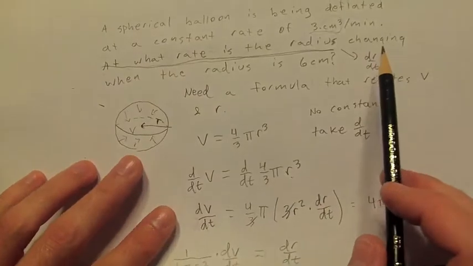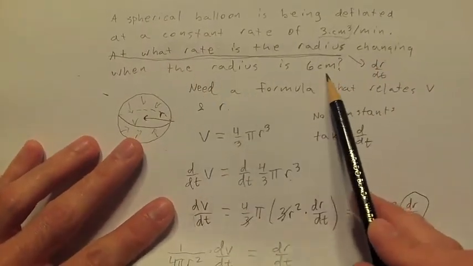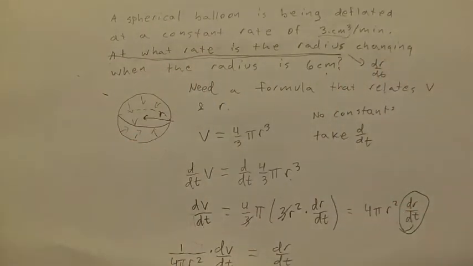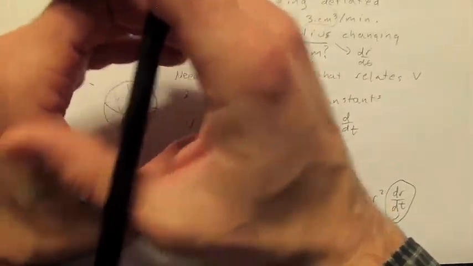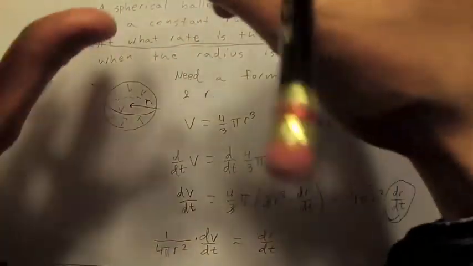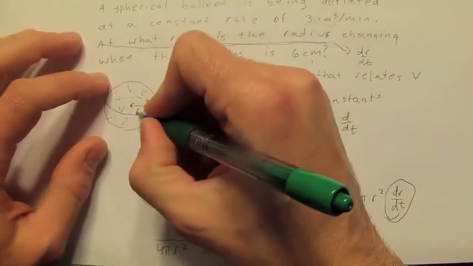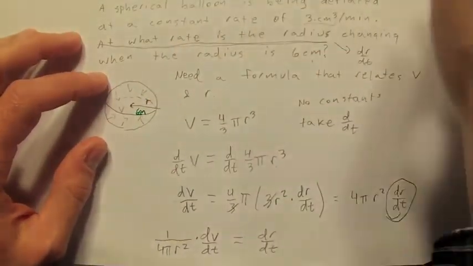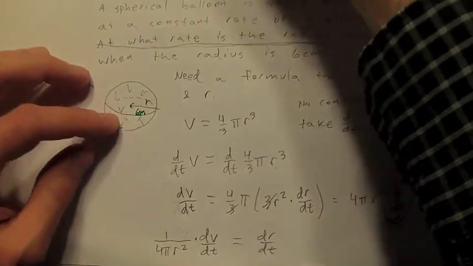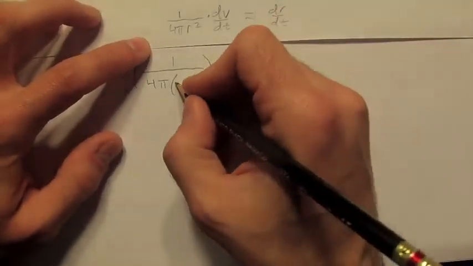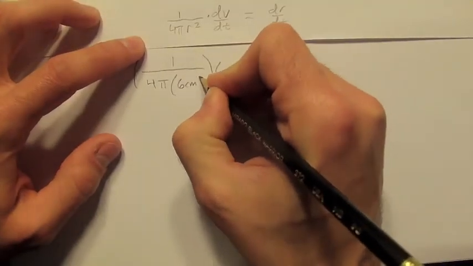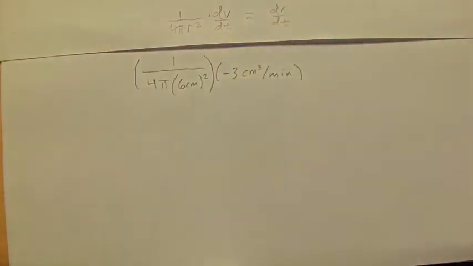We're told we freeze-frame it at 6 centimeters. Imagine it's all deflating, we have a sphere and it gets smaller and smaller, and we freeze the frame at 6 centimeters and take a look at what's going on. So at this moment we have 6 centimeters. And check this out, I didn't even put that in until I was almost at the end of the problem. So this will be 6 centimeters squared.